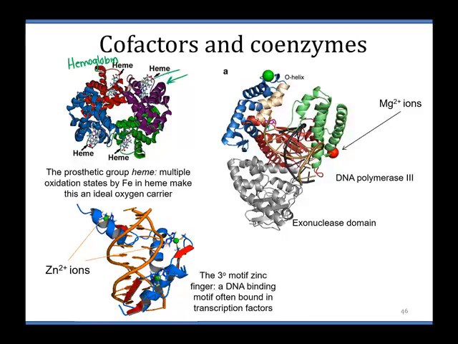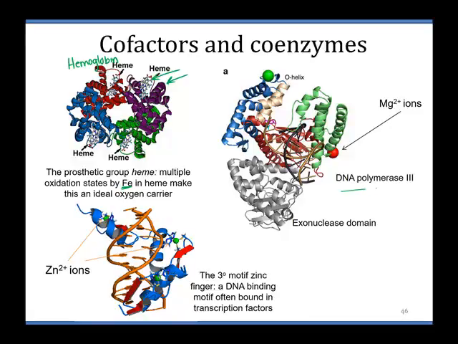It's made of the prosthetic group heme, and it's also made of the cofactor iron. So we have iron in there as well. So an enzyme can have a cofactor, a coenzyme, and a prosthetic group, just a cofactor, just a coenzyme, just a prosthetic group, or any combination of the three. Hemoglobin has a prosthetic group and a cofactor.